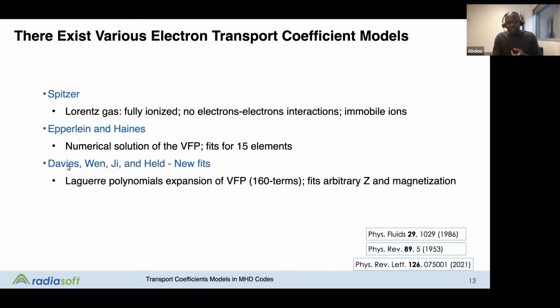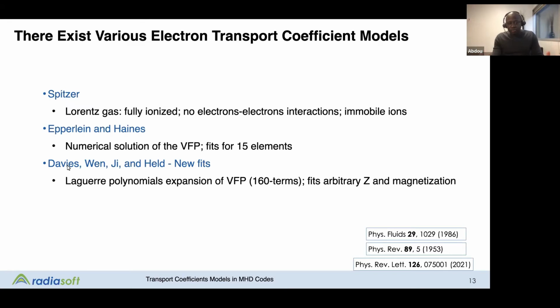So Spitzer-Härm is one of the oldest models. It was proposed for a Lorentz gas, a fully ionized system, with no electron-electron interactions, ions are just a background, and it doesn't include magnetic field, so it's only for isotropic plasma.